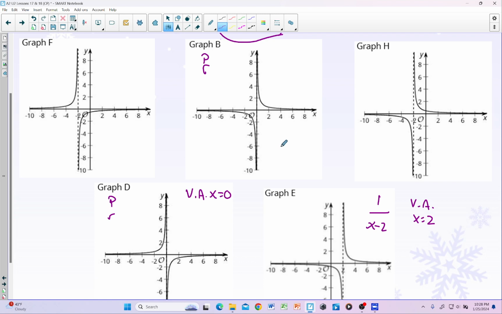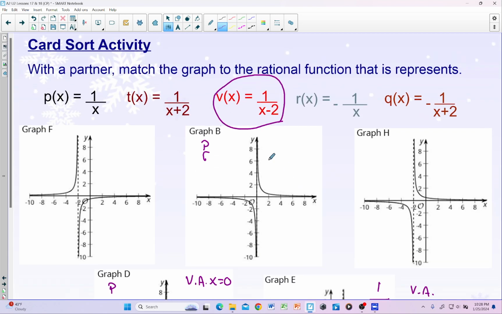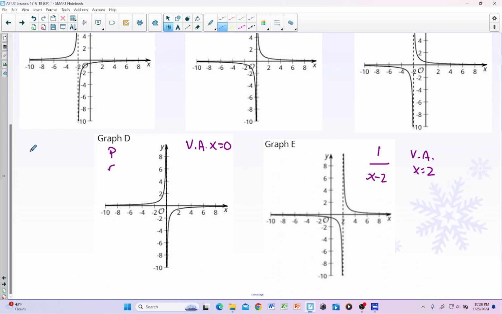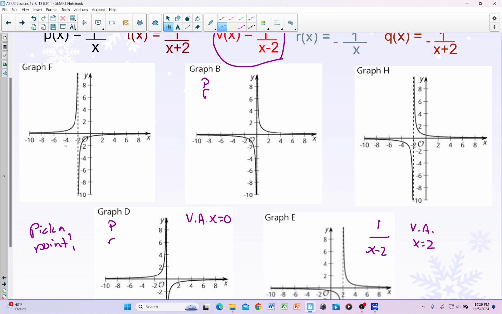So how do we figure it out? Same way we'd figure the rest out. To separate these, let's pick a point. Let's look at graph B. Give me a point on this function. Right here, that point looks like 1, 1.